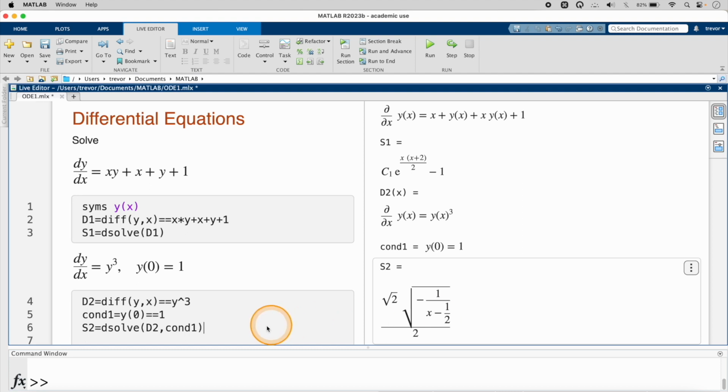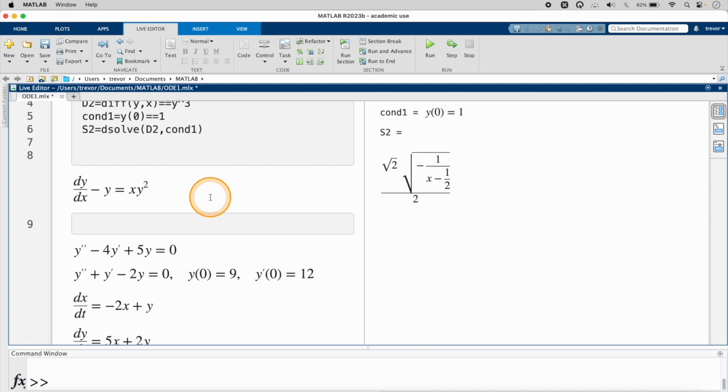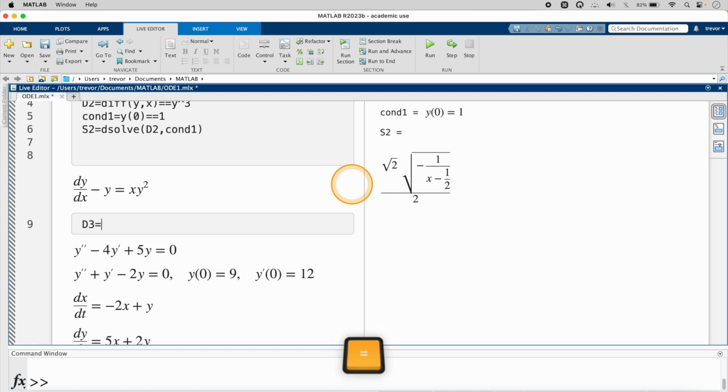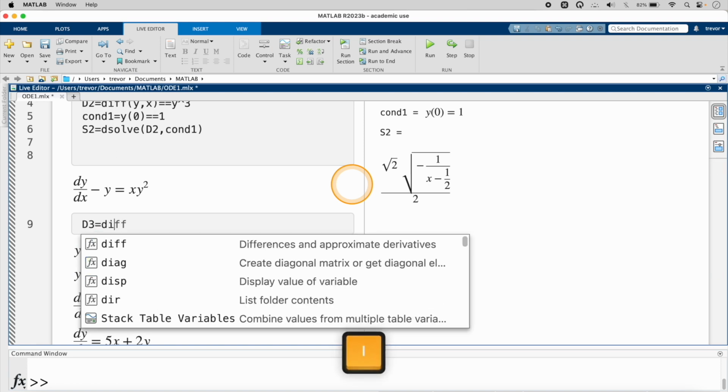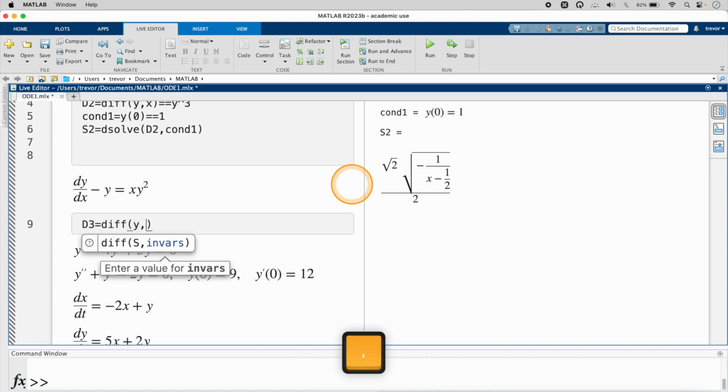I now go on to the next one. So I'll go on and enter this differential equation, and I'll call it D3 is equal to the differential equation where we are differentiating y with respect to x, then minus y.